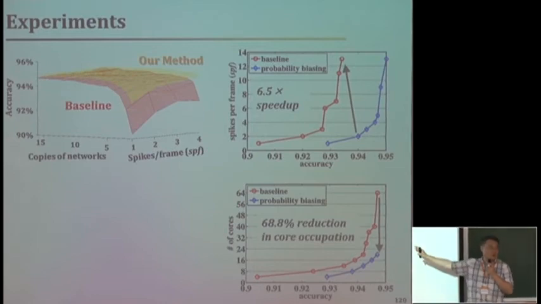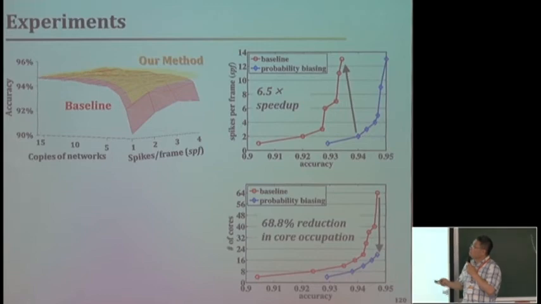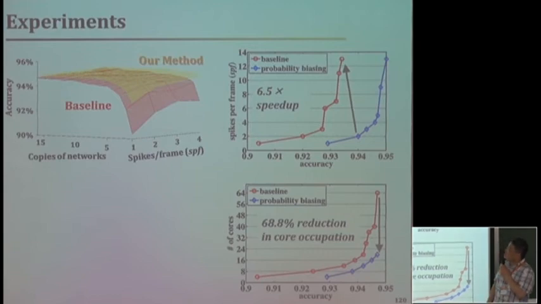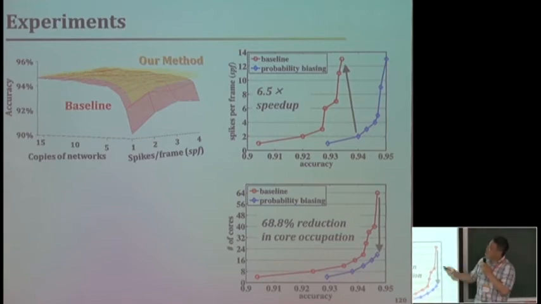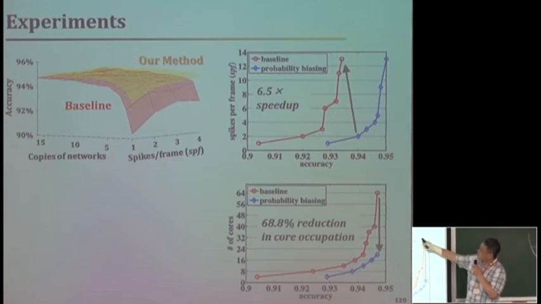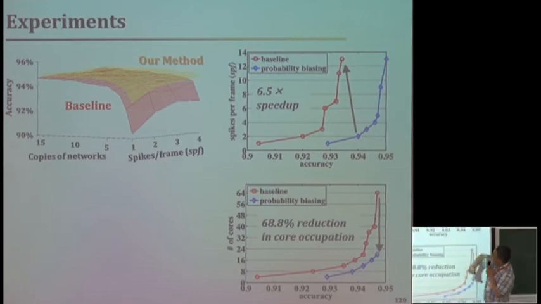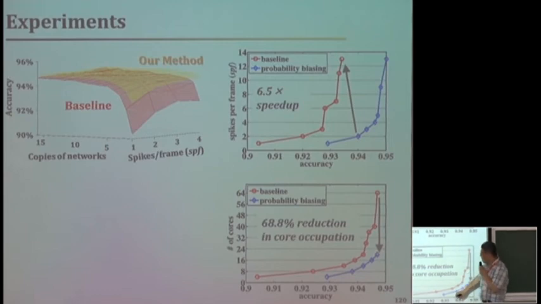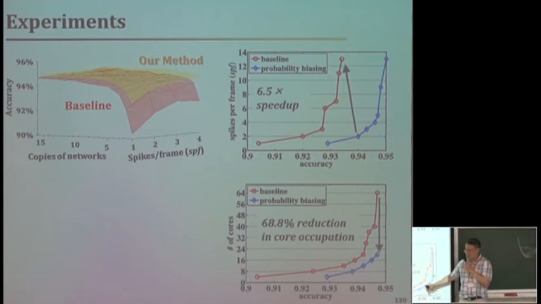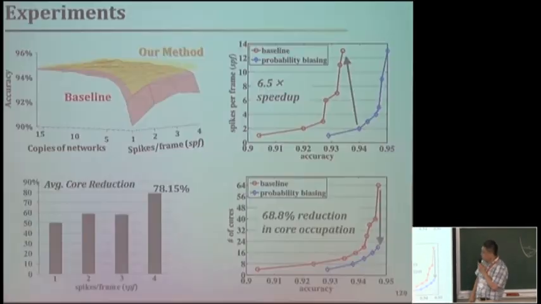Of course. For the same accuracy, we can achieve about 6.5 times the speedup compared with the IBM result. And for the core reduction, between how many copies you need to achieve high accuracy, we actually reduce about 2/3.